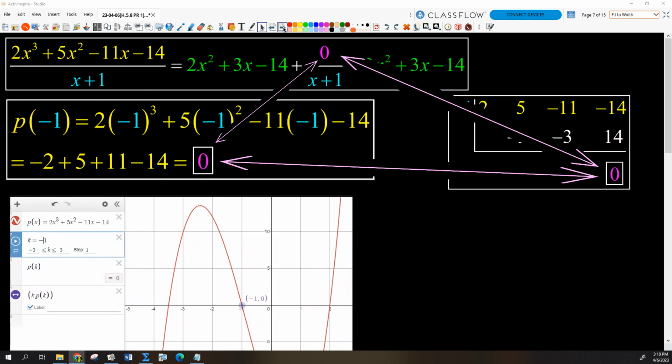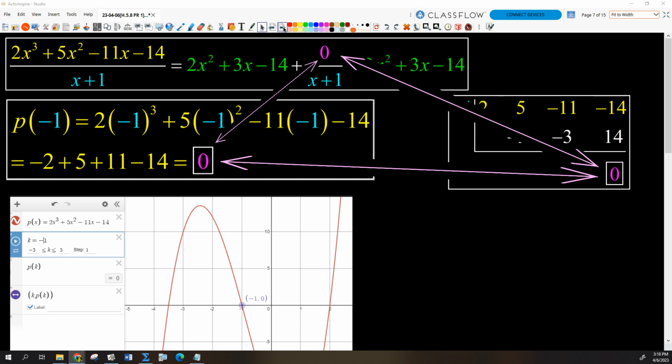All right, so then we get this big connection going on. We get these 3 interchangeable, intertwining concepts that all go together. We know that if we divide out this quotient, yellow divided by blue, and the remainder is 0, well, that tells us that the value of the function, if I evaluate the yellow at the blue 0, the 0 of the denominator, which is -1, I know I'm going to get 0.